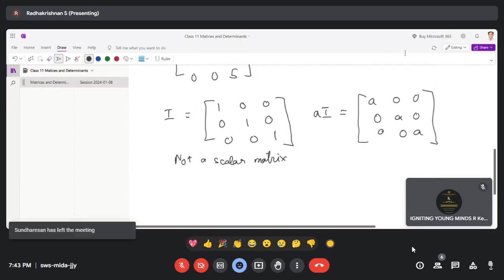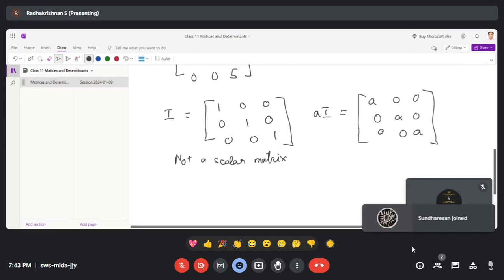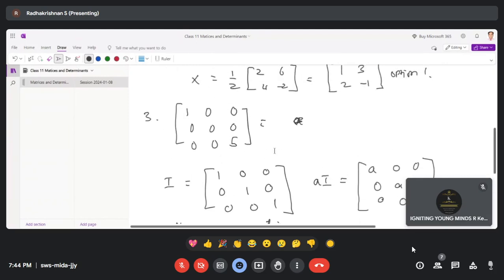Okay. What are the other options given? Is it a diagonal matrix?